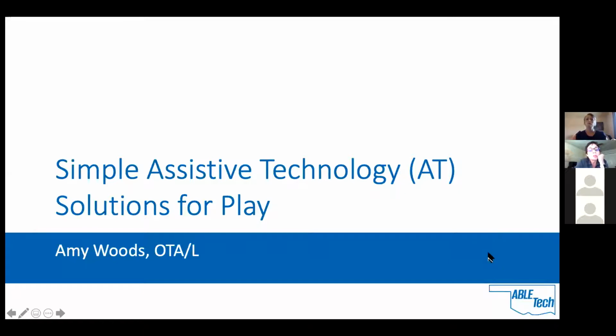We provide short-term loans of assistive technology. It can be for a variety of reasons: short-term accommodation, professional development, waiting on repair of a device, evaluation period for some of those speech pathologists, or to use it to make an informed decision if that piece of AT is going to meet your needs or not.